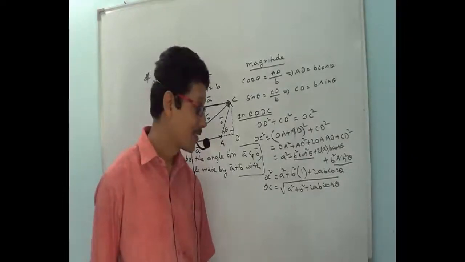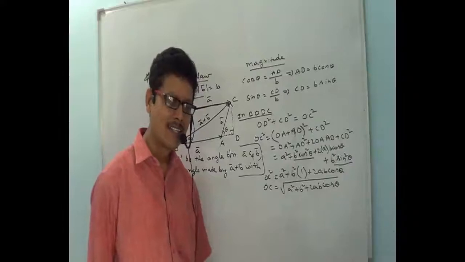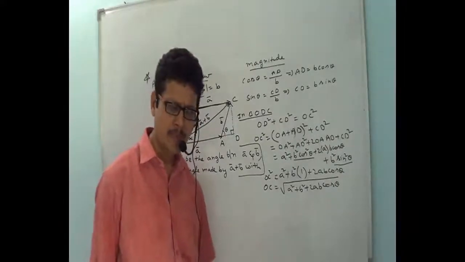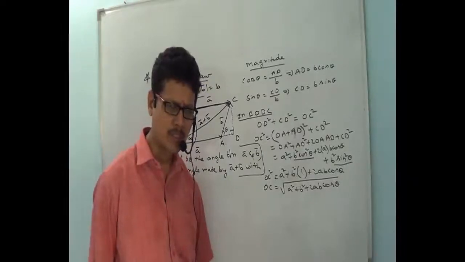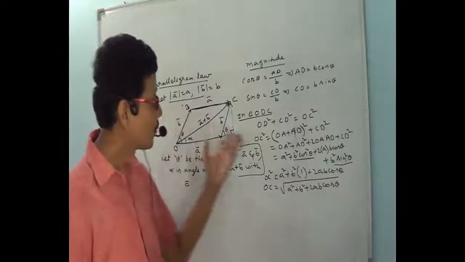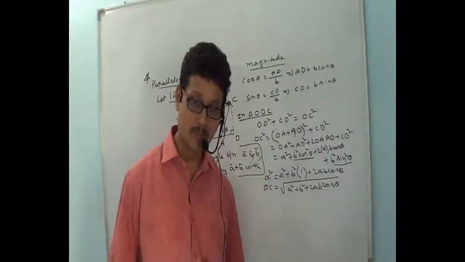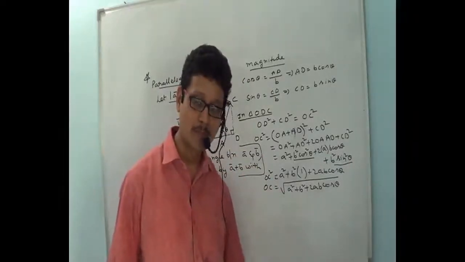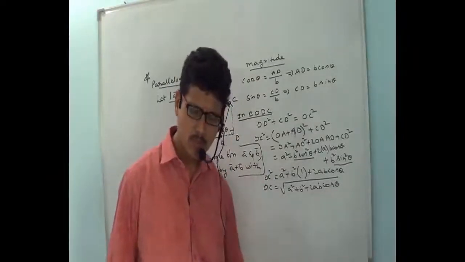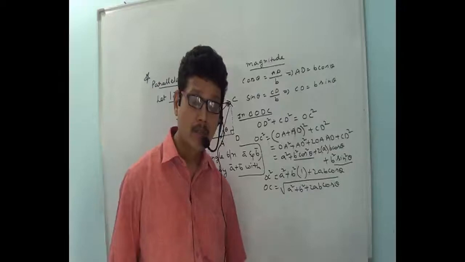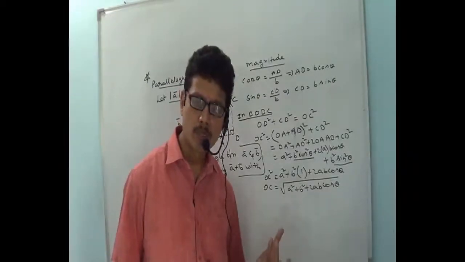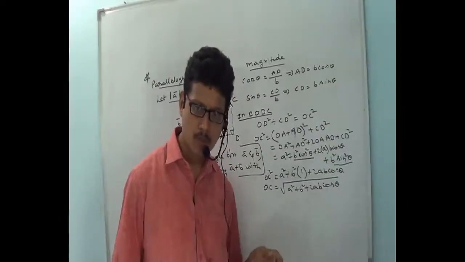One more thing: there is a change in some IP rules, that you have to read the entire textbook. Previously this used to be the important question, parallelogram law of vectors, 4 marks for IP. But now they want to change the rules, and whatever is done in the CBSE board, they want to bring it here also.